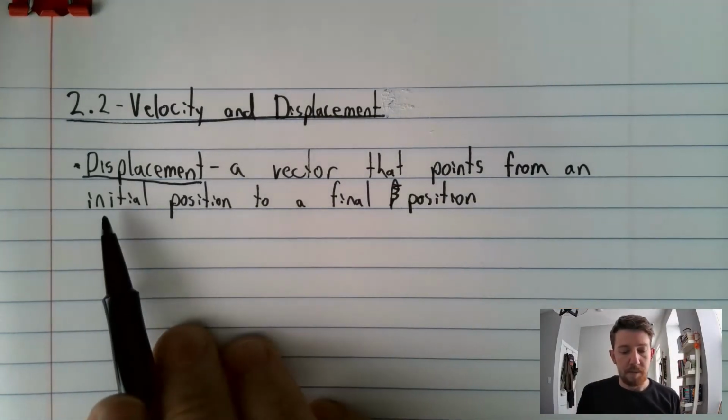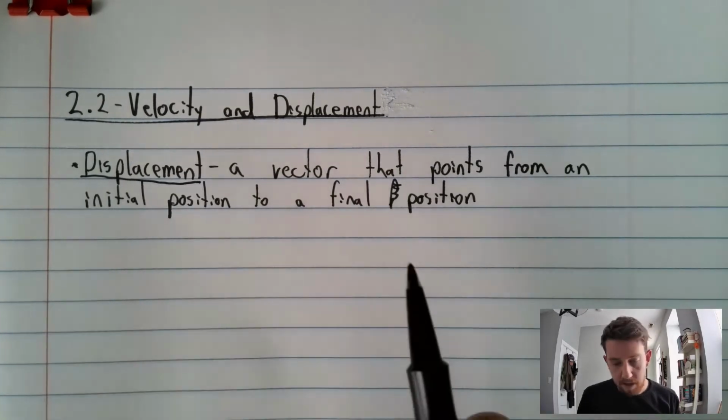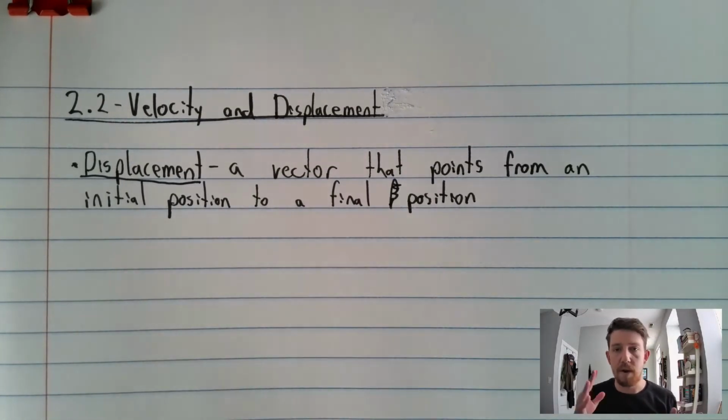So initial means beginning, final means end, obviously, so we need to pick a start point and an end point for this object if we're going to find displacement.